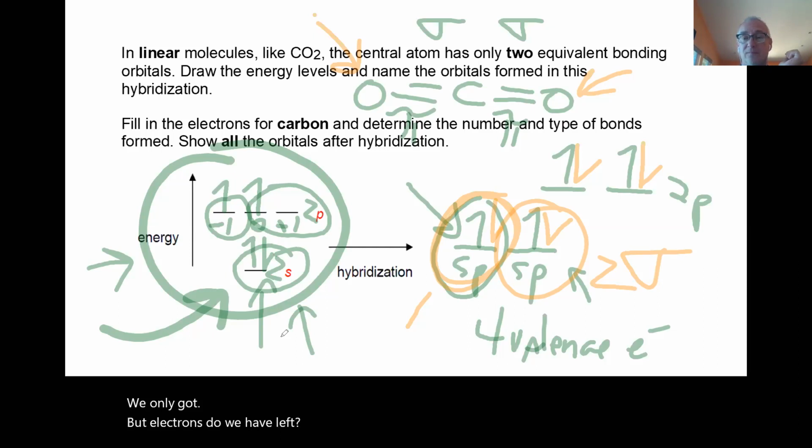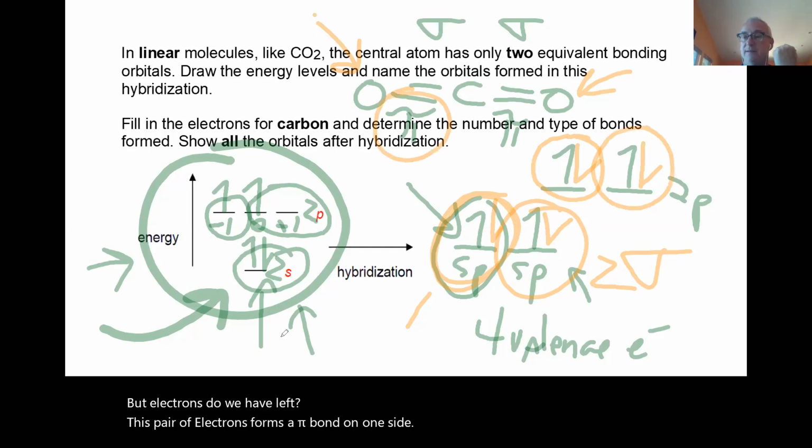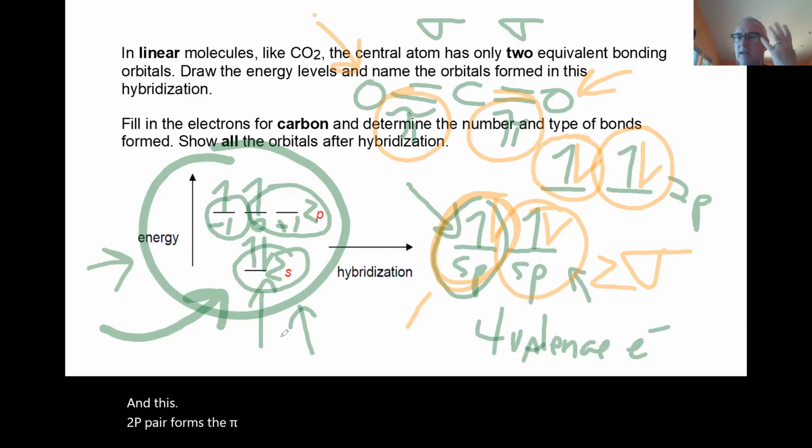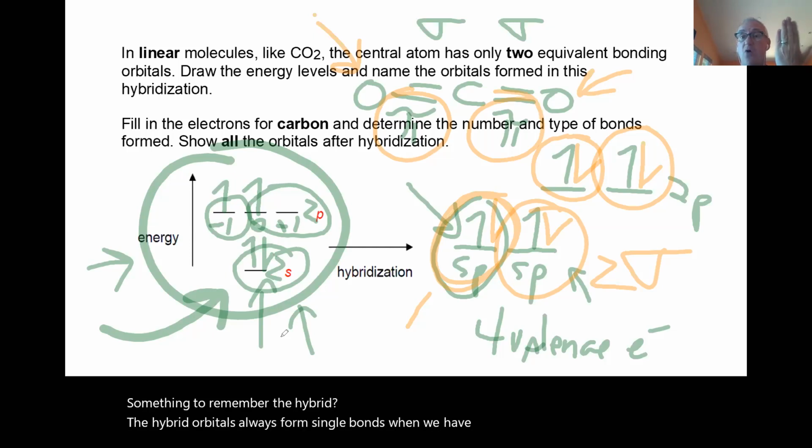The 2p. Exactly. This pair of electrons forms a pi bond on one side, and this 2p pair forms the pi bond on that side. So something to remember, the hybrid orbitals always form single bonds when we have single electrons in them. Always, always, always form sigma bonds.